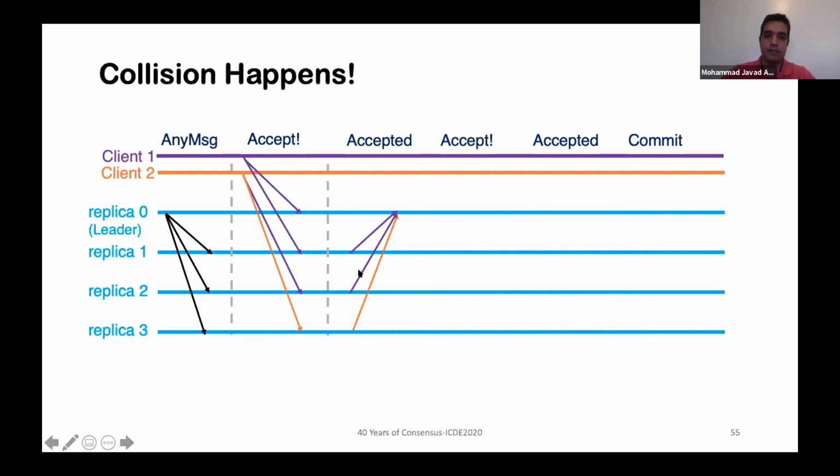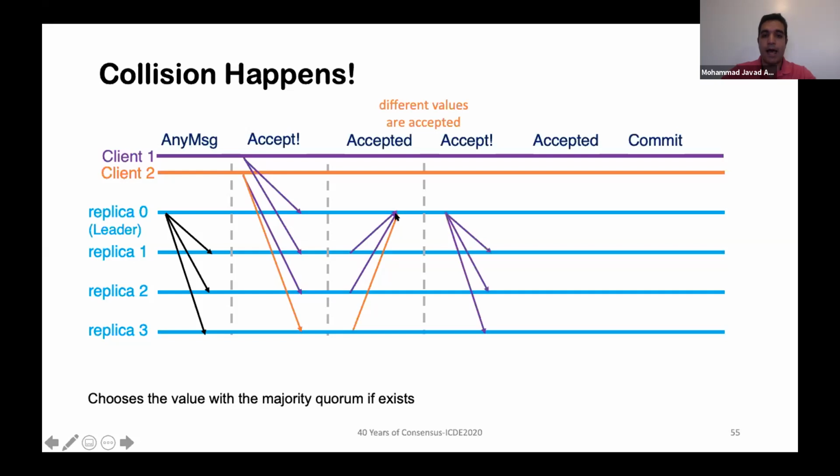These two replicas accept the first request, the last replica accepts another request, and here the leader says that we have different values. So we need to move back to basic Paxos. We need to send another accept message and another round of accepted.